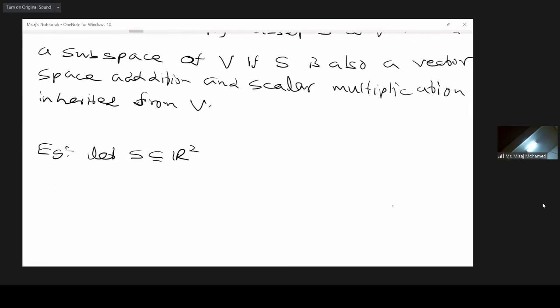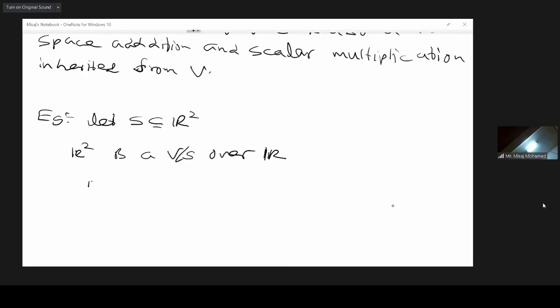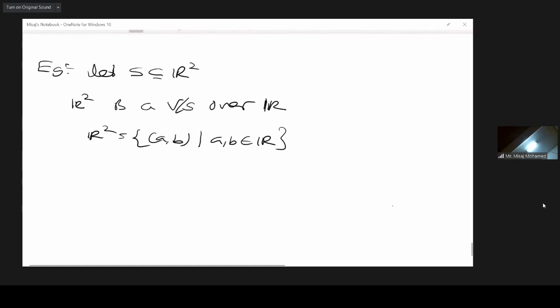R2 is a vector space over R. R2 means pairs A comma B such that A and B are in R. So S is defined like this: A comma 0 where A is in R. All the elements are of the form A comma 0.